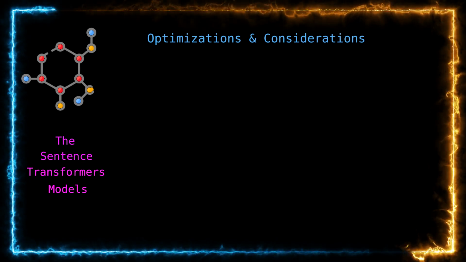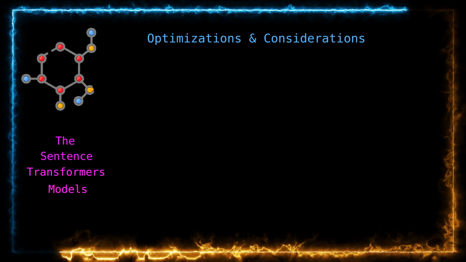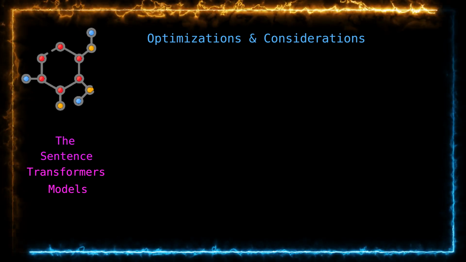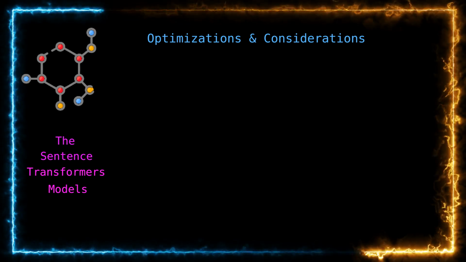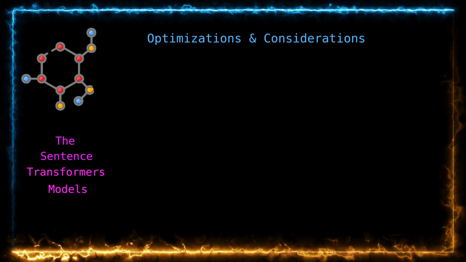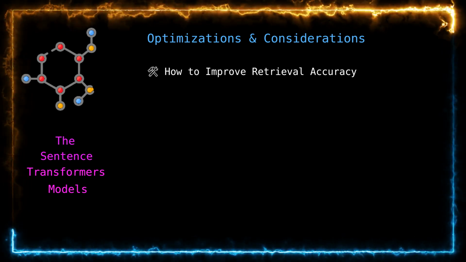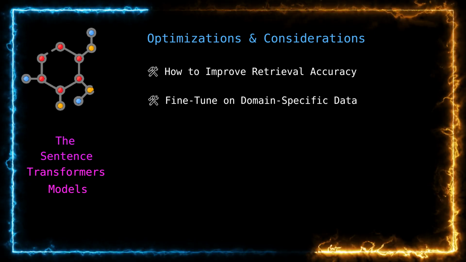Optimizations and considerations for sentence transformers. If you want to maximize performance, here are some key optimizations to consider when you work with sentence embeddings. How to improve retrieval accuracy. Fine-tune on domain-specific data.